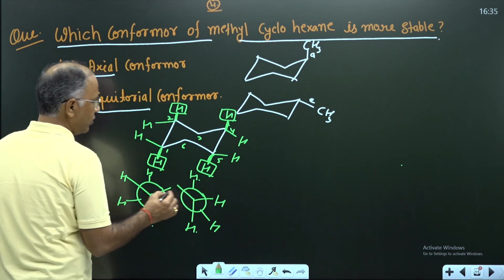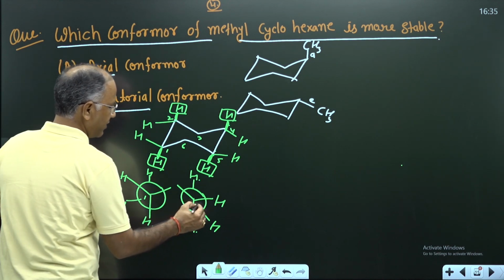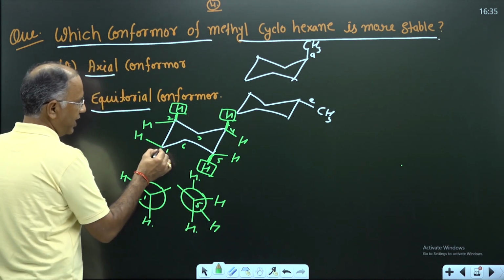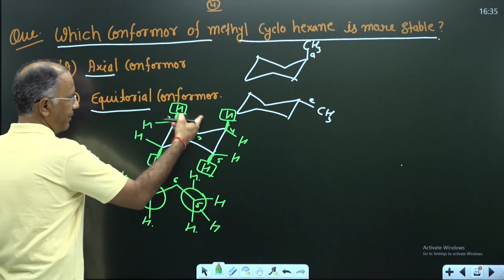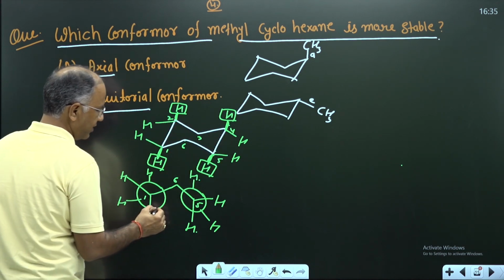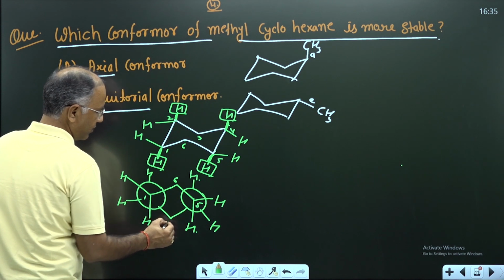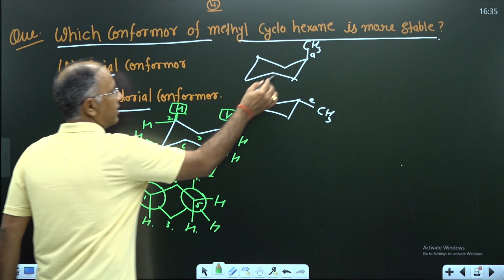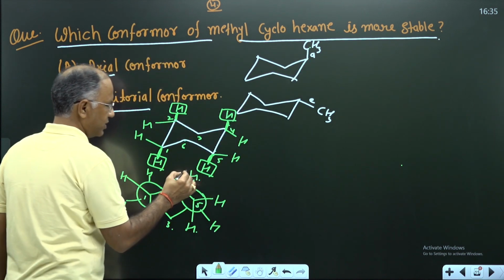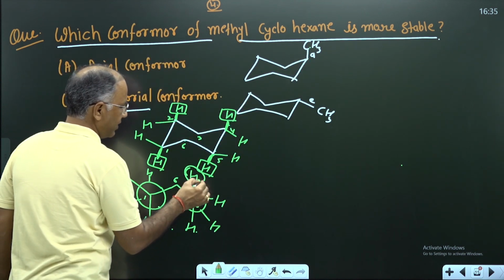Now what you have to do, this is our carbon number 1, this is our carbon number 5. Now carbons 1 and 5 are connected by 6, this is our 6. And at the backside, 2 and 4 are connected by 3. Now we have to replace this with methyl at axial position. This means this is our methyl.